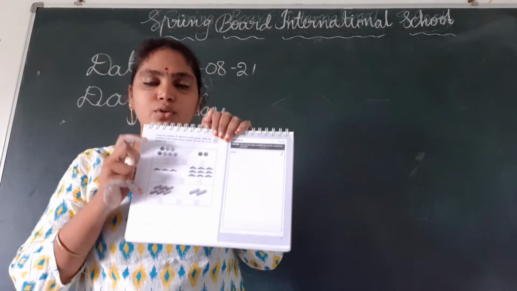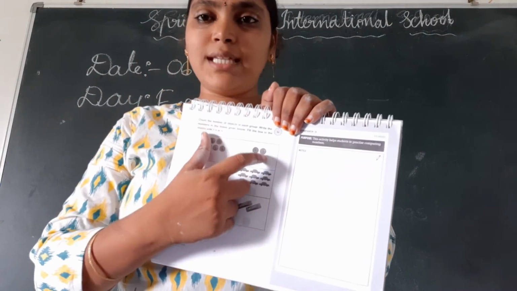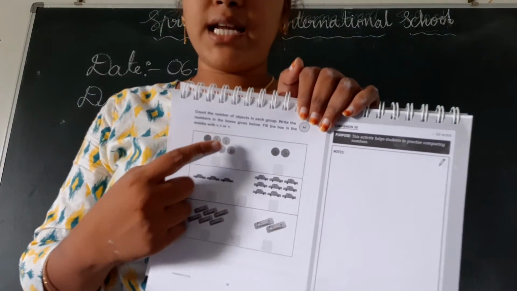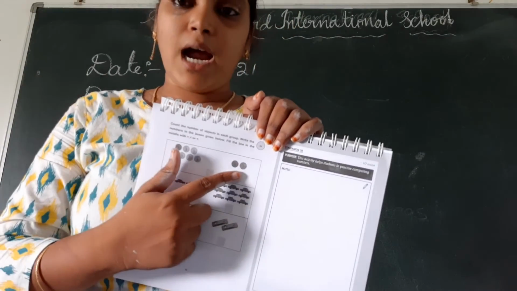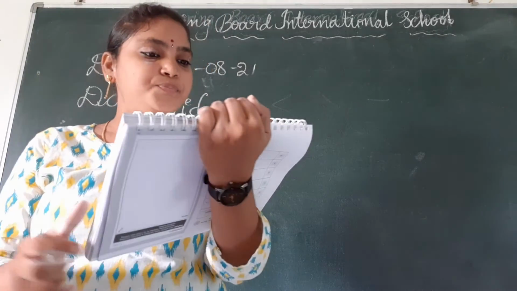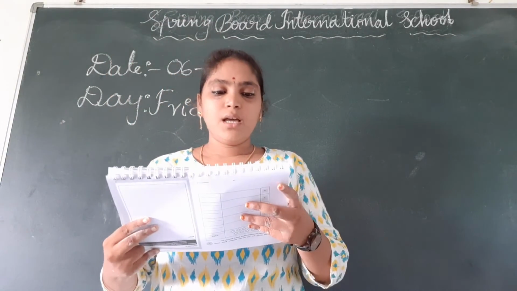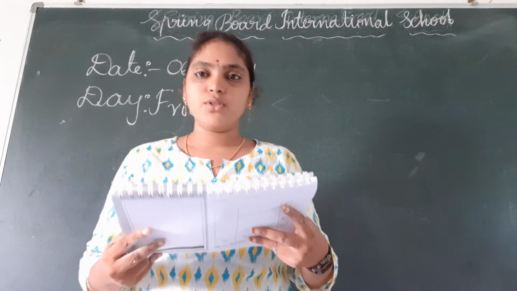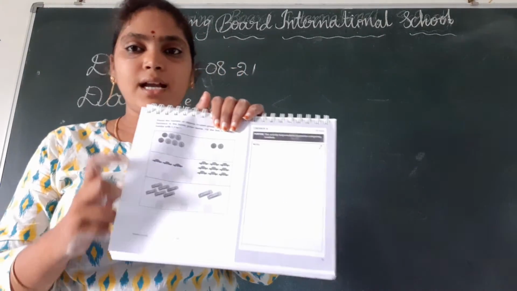Here groups of objects are given, so just count and write the number. First, how many balls are there? Write it here and count it. And then you have to fill in the middle boxes with less than or greater than or equal to. So you have to place the correct symbol.